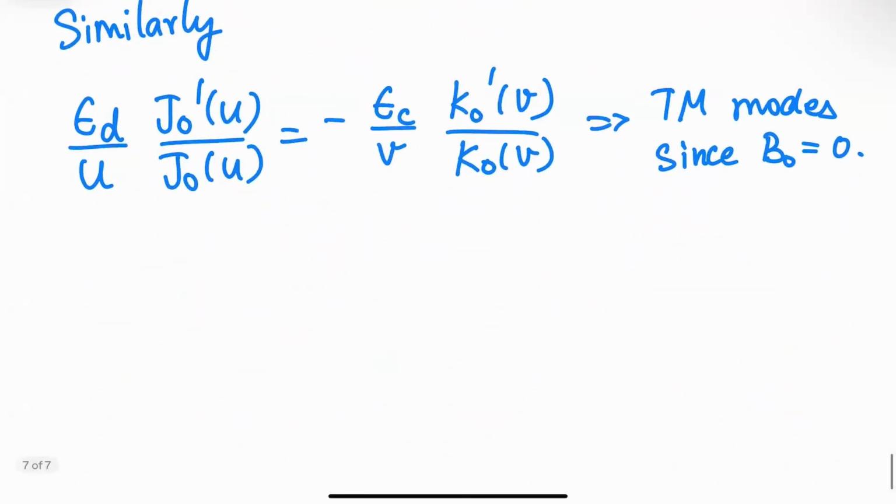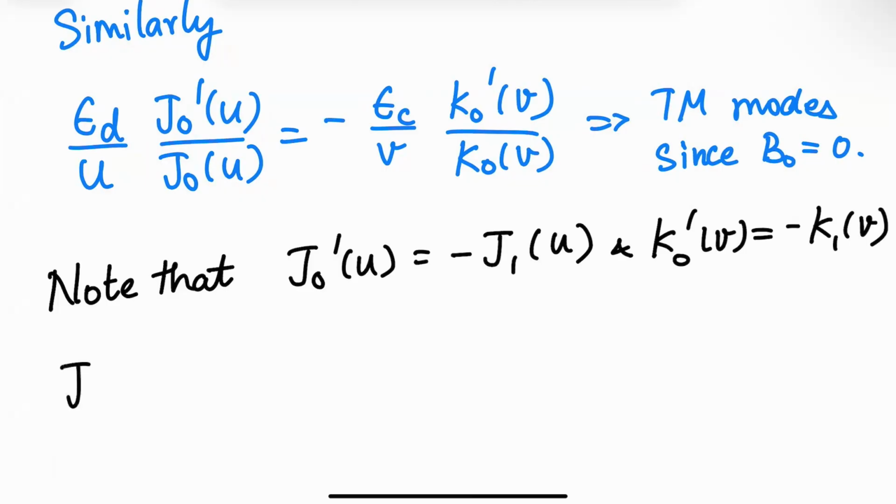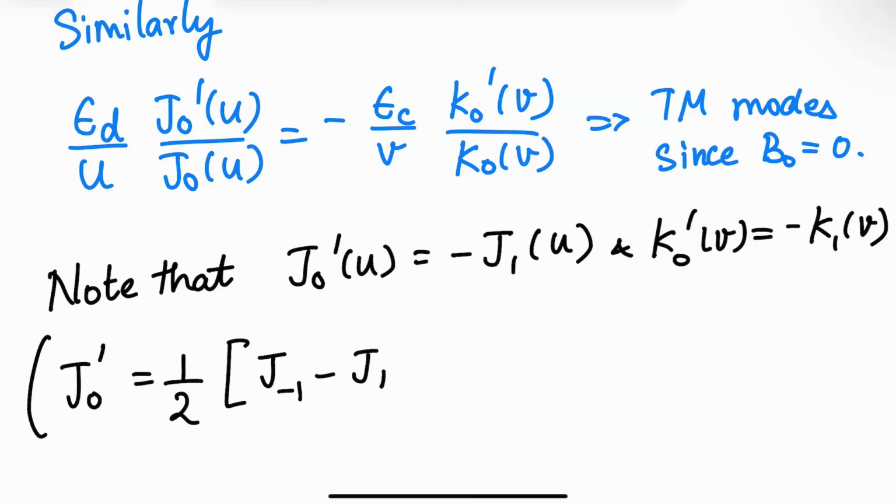We can simplify that a little bit more actually because of some of the properties of Bessel functions. J0 prime U is actually equal to minus J1 U. And A0 prime V is equal to minus K1 V. So this comes from the fact that J0 prime, we had an equation for the derivative, which we saw last time in the properties of Bessel functions.